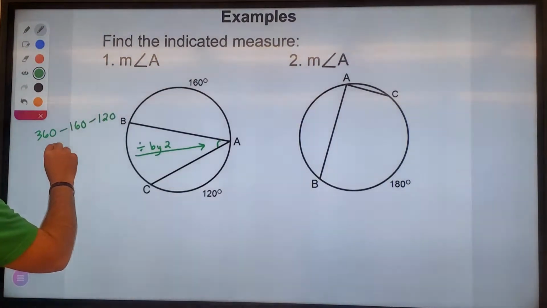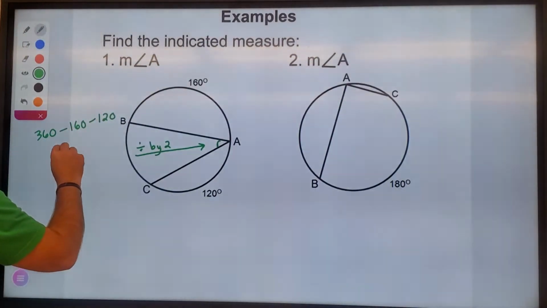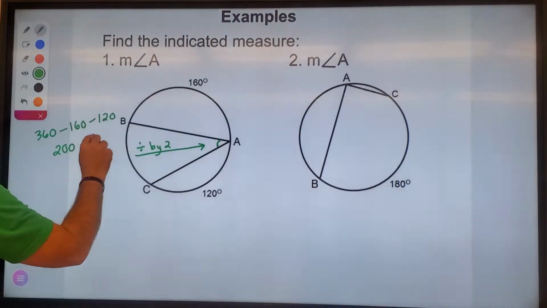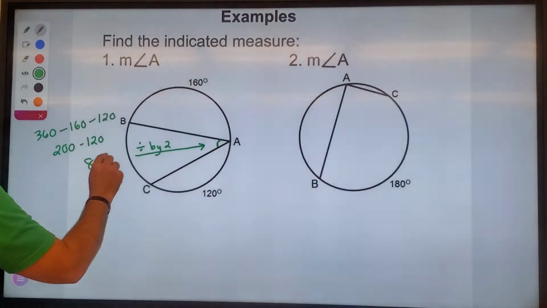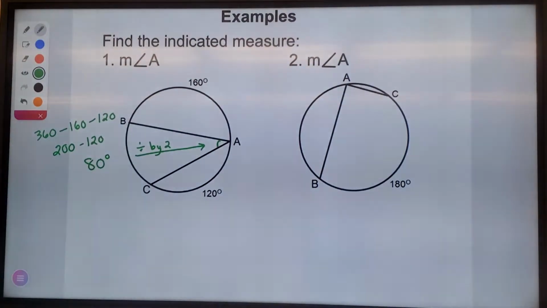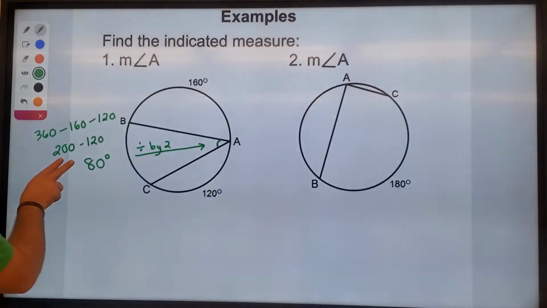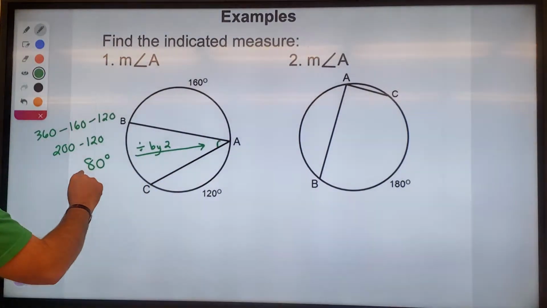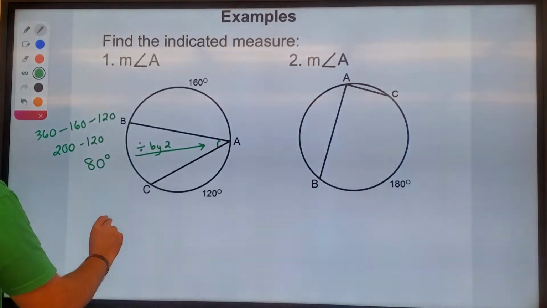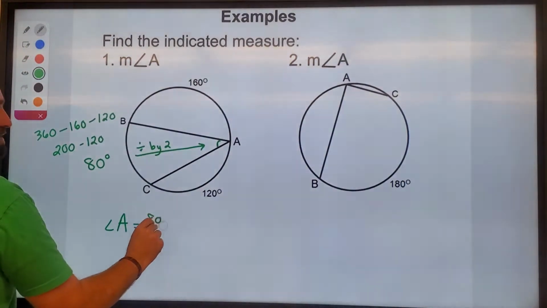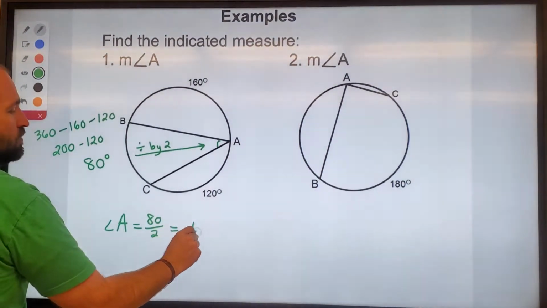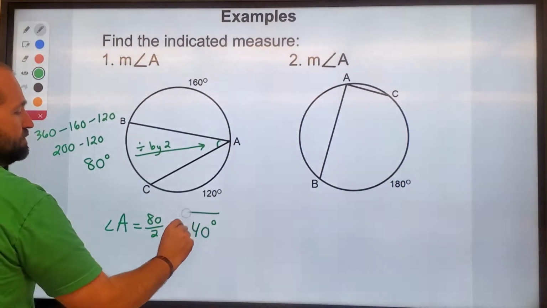If I subtract these two, that gives me 200 degrees minus 120, which means that this is now 80 degrees. And then again, to go inside, I have to divide the 80 by 2, which means that angle A is 80 divided by 2, which is all of 40 degrees.